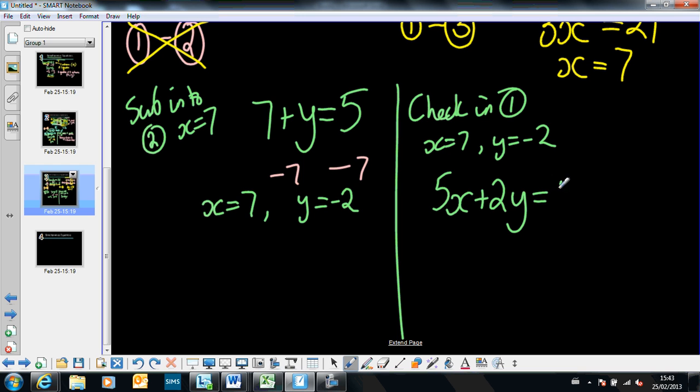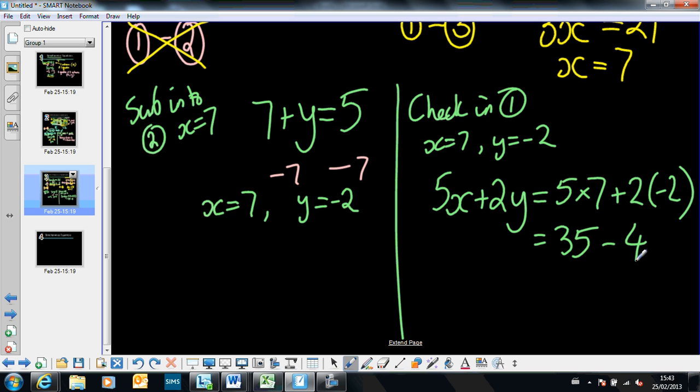Well, 5 times 7 plus 2 times -2, which is 35, plus a negative number is the same as take away. 35 minus 4 is 31. And that was the answer I was expecting to get. So once again, looks like my answer, x equals 7, y equals -2, is correct.